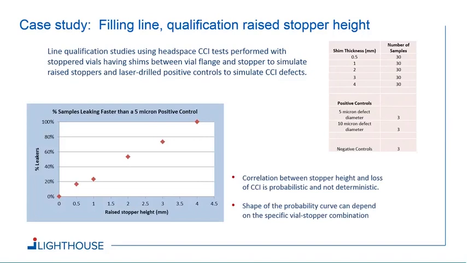And the shape of this probability curve, we've seen from other studies, can depend on your specific vial stopper combination. So you can see here that you generate very robust, science-based analytical data to understand at what stopper height you want to reject, to properly manage the risk of loss of CCI in your process.